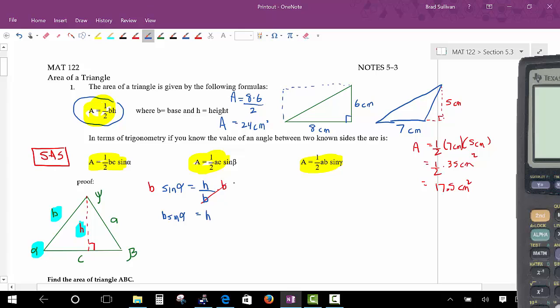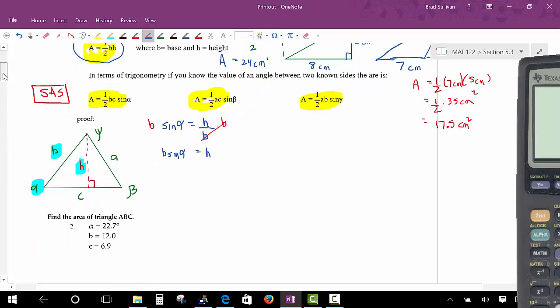Now I'm going to take the formula that I'm familiar with for finding the area of a triangle, which is area equals 1/2 the base times the height. In this particular diagram, the base is going to get replaced with c, and the height h is going to get replaced with b sine alpha.